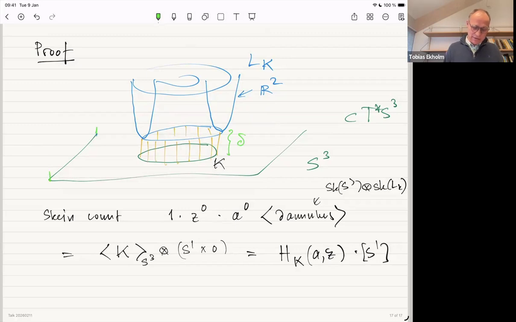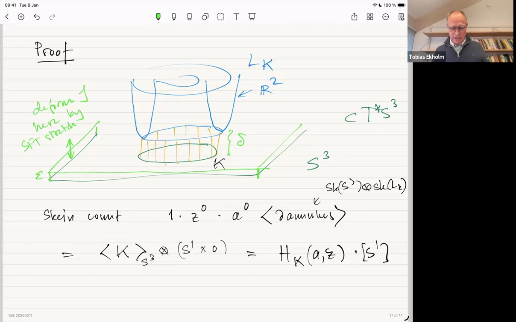And I'm going to take a very small neighborhood of the zero section here of size epsilon. And then I'm going to deform the complex structure here. I'm going to use the deformation invariance, so-called SFT stretching, symplectic field theory stretching.